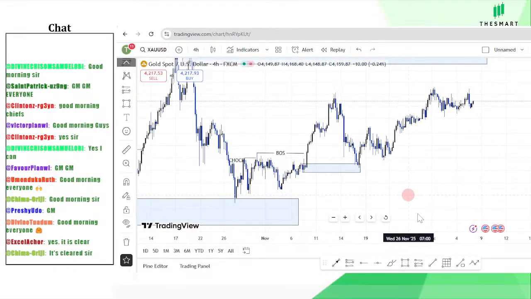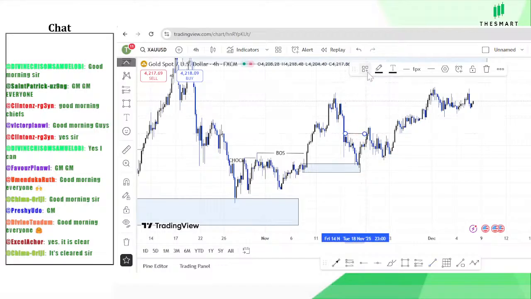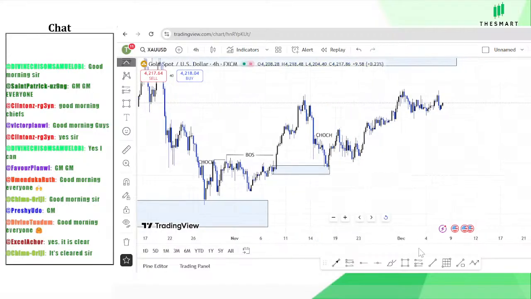After we had our mitigation, price gave us a change of character at this point, followed by a break of structure.